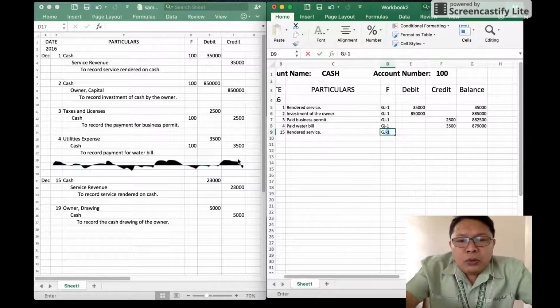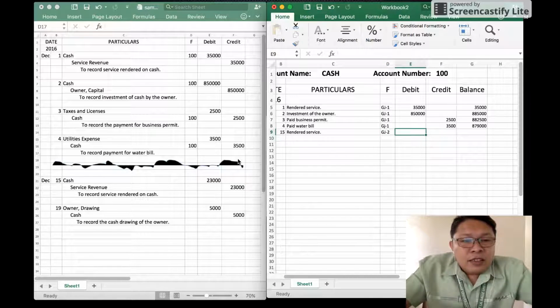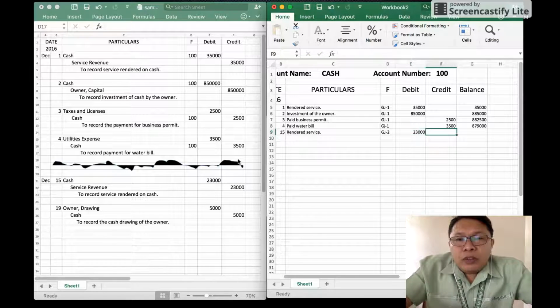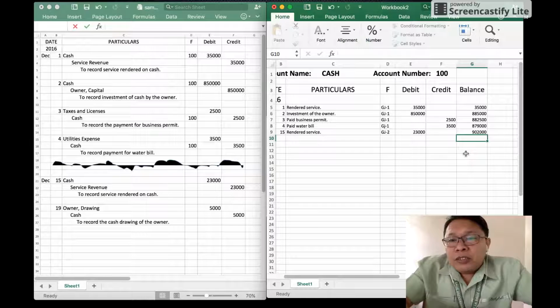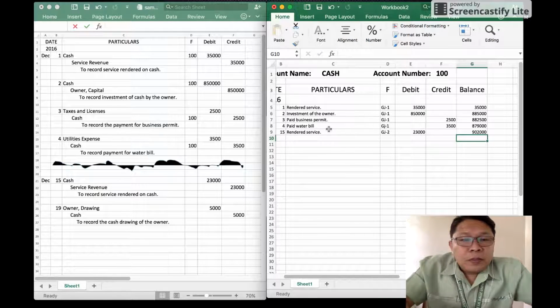This is now General Journal page 2 because it appears on page number 2. It's with a 23,000 debit, so 23,000 is debited. We know that our 879,000 is a debit balance and there is another debit, therefore we have to add. Our balance now is 902,000.